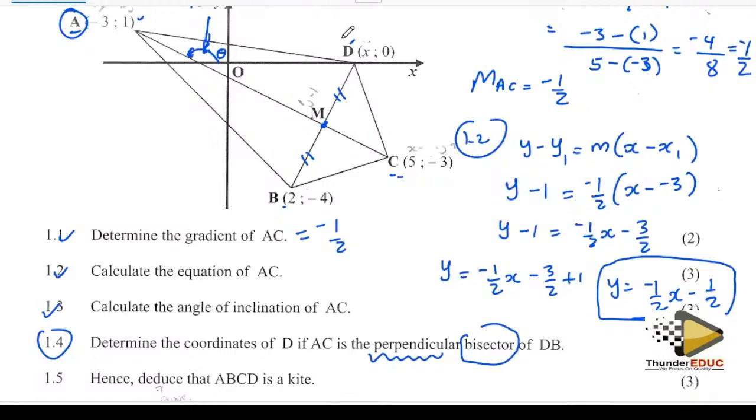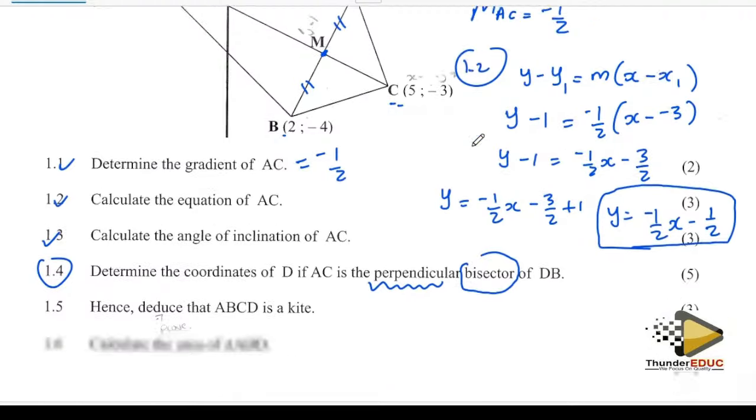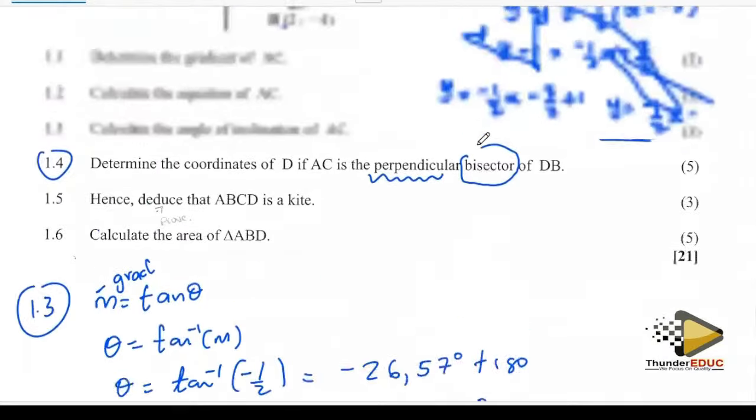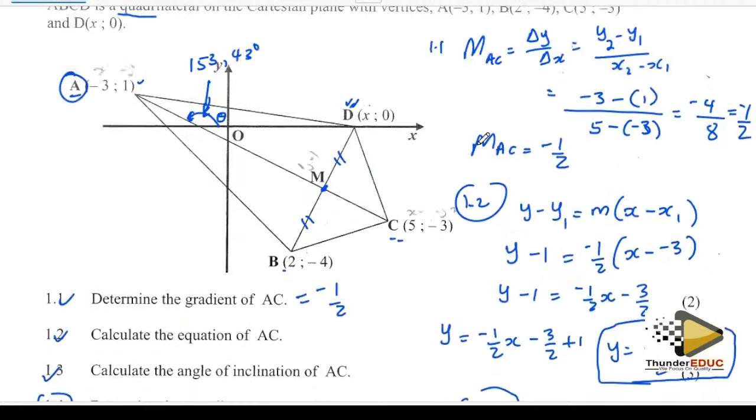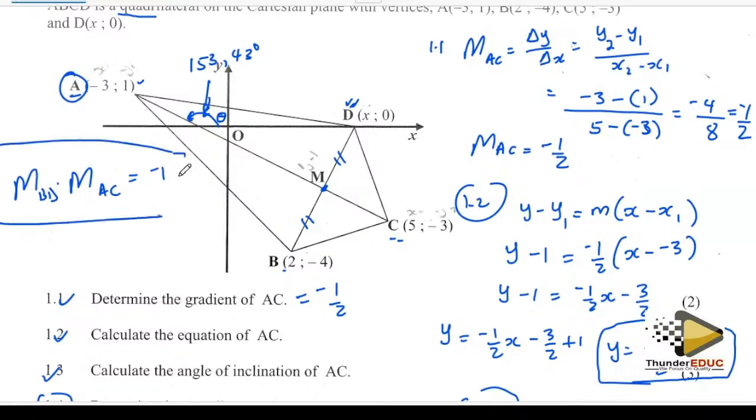If that is true, how do we get the coordinates of D? We need the coordinates of M. Nope, we don't need them. I'm gonna look at the gradient format where, if I get the gradient of BD times the gradient of AC, this must give me -1 according to the gradients of perpendicular lines.